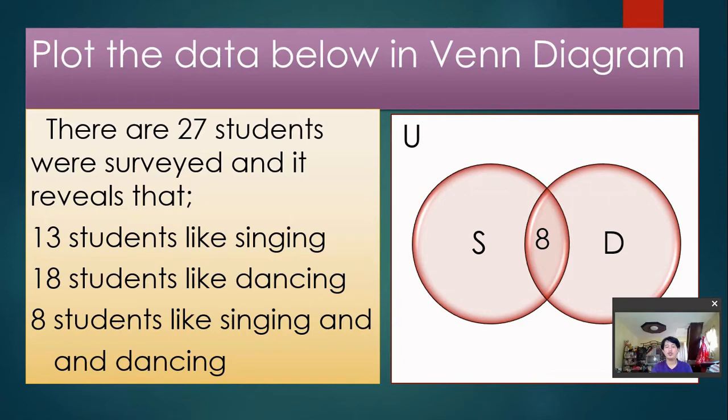Then afterwards, you generate the next data: 18 students like dancing.